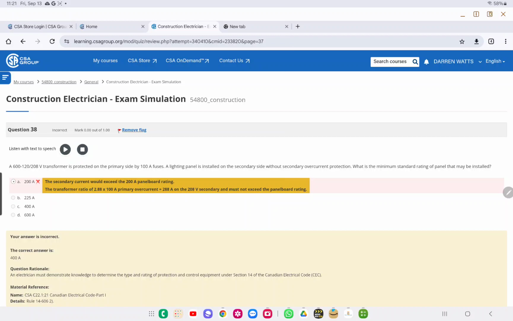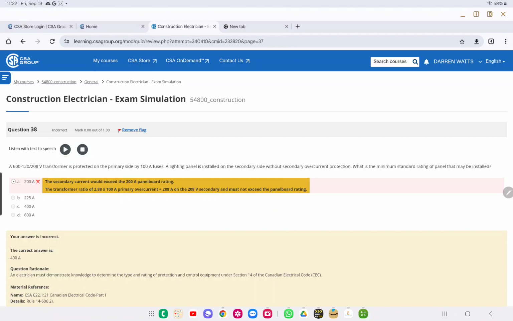If the ratio is 2.88 to 1 for voltage, then for current it would be 1 to 2.88. So where the current is 100 amps on the primary side, the current is going to be 100 times 2.88 on the secondary side, meaning that the current for the secondary is actually 288 amps.